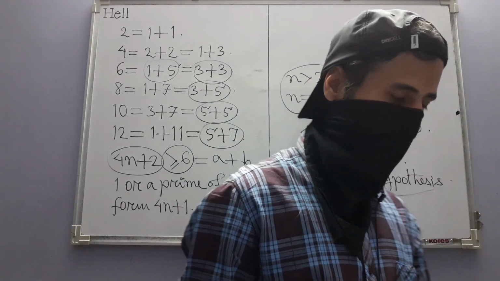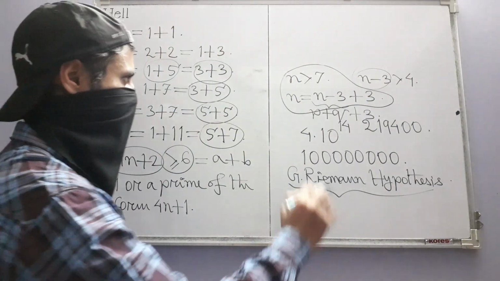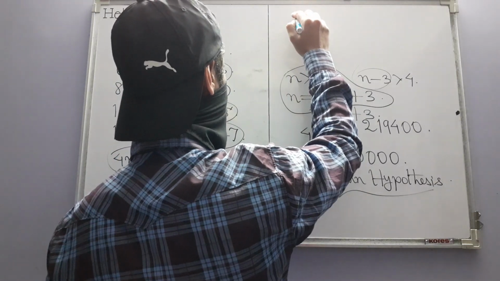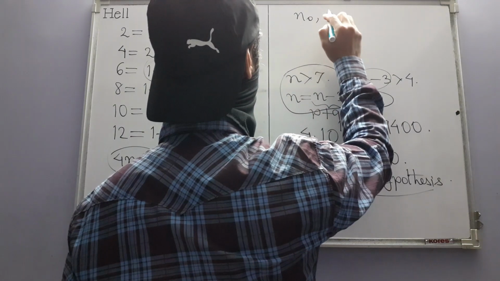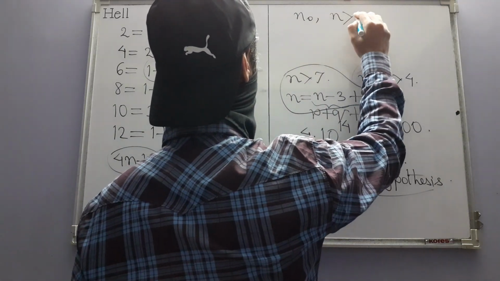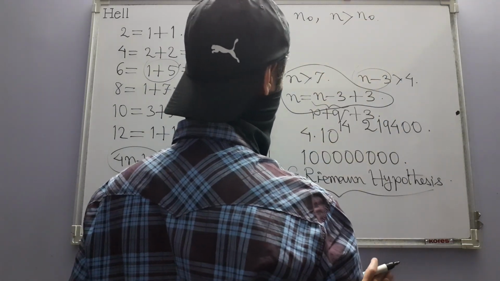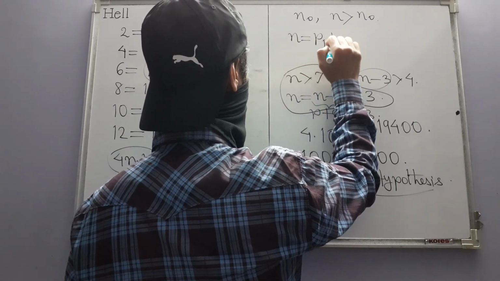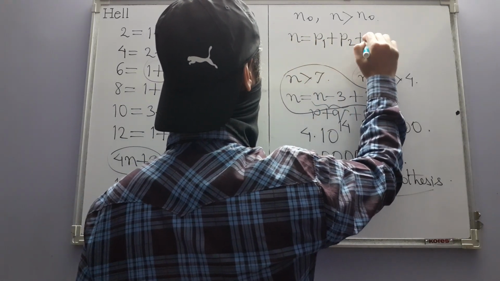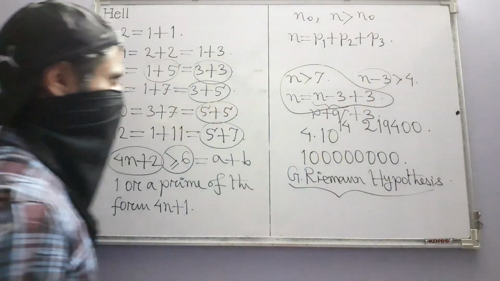So Vinogradov showed that there exists a positive integer n naught such that for any odd integer n greater than n naught, n can be written as a sum of 3 odd primes.